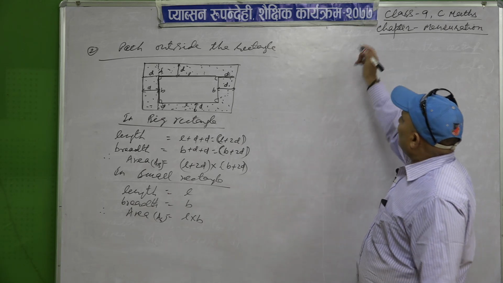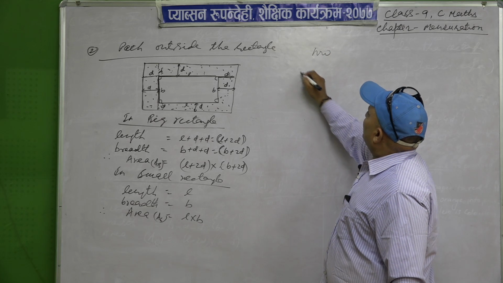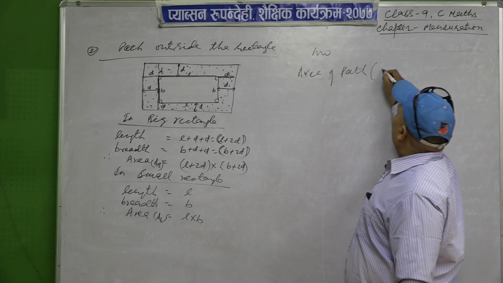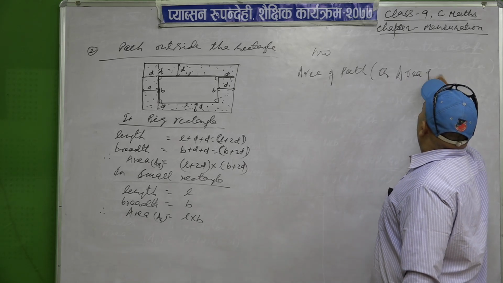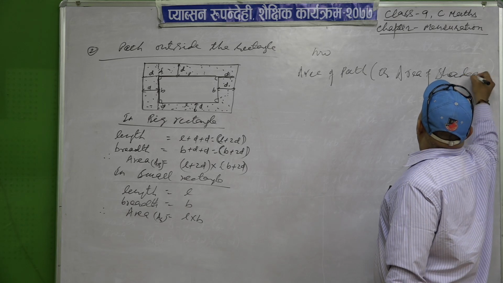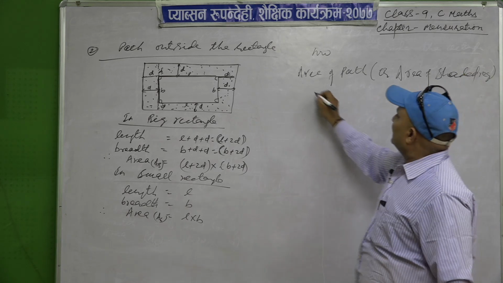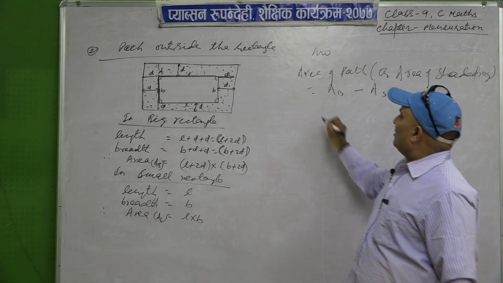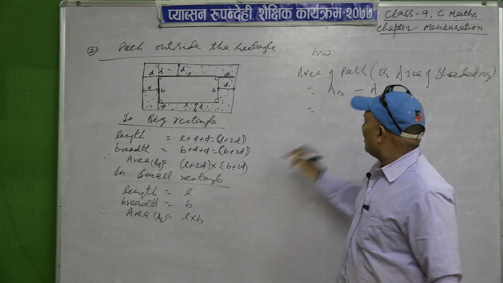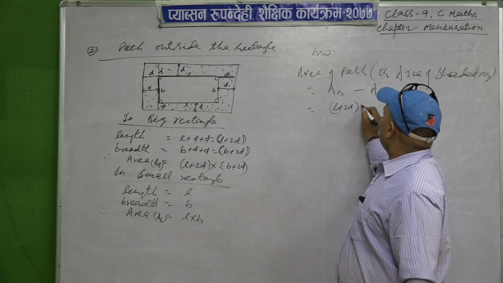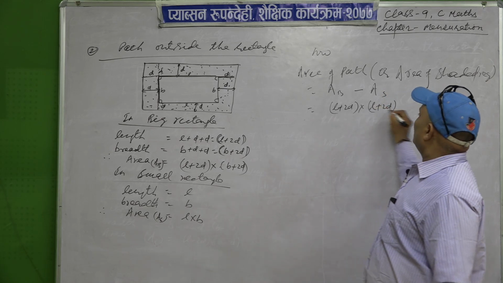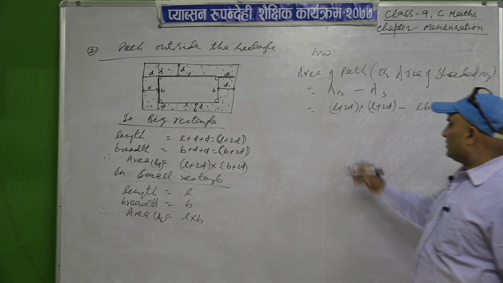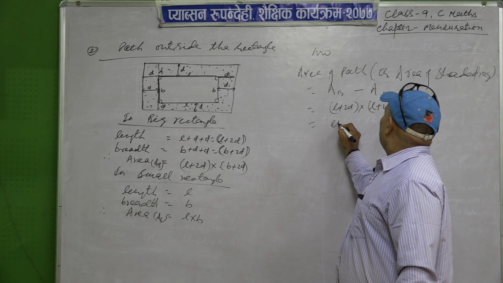So the area of the path or area of the shaded region is the area of the big rectangle minus the area of the small rectangle. What is the area of the big rectangle? It is L plus 2D into B plus 2D, minus the area of the small rectangle, which is L into B, or LB.